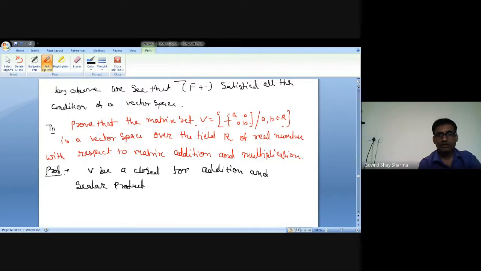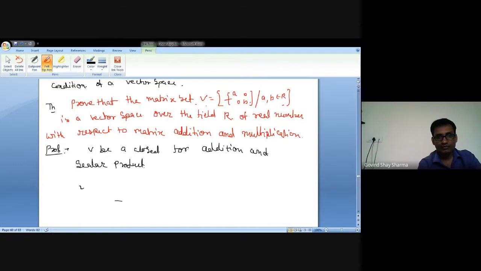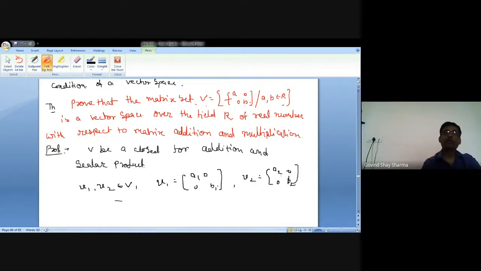For addition, we take two elements from V, V1 and V2. Which type of element does it have? It has the 2 by 2 matrix, V2 is equal to [A2 0; 0 B2]. This type of element, a diagonal element.